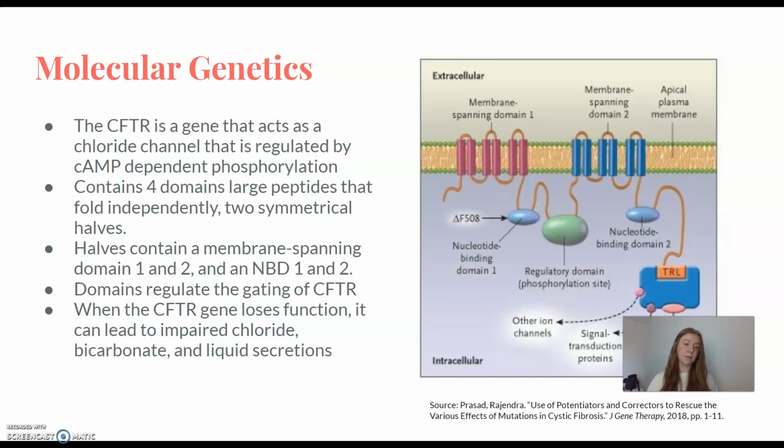And the domains regulate the gating of CFTR, so essentially the opening and closing of this channel. And when the CFTR gene loses function, it can lead to impaired chloride, bicarbonate, and liquid secretions, and that's the mucus you see. And to your right, you can see what that all looks like, the membrane spanning domains and the different parts of this gene.